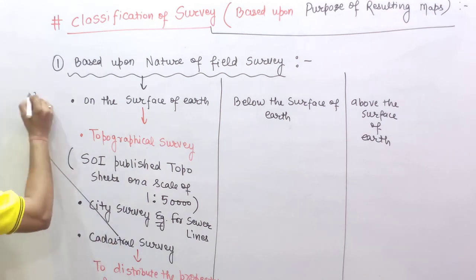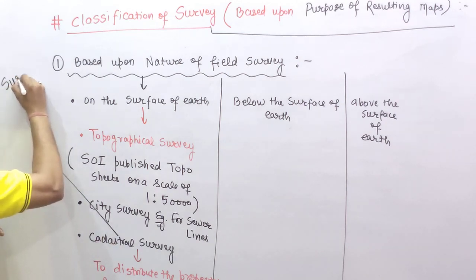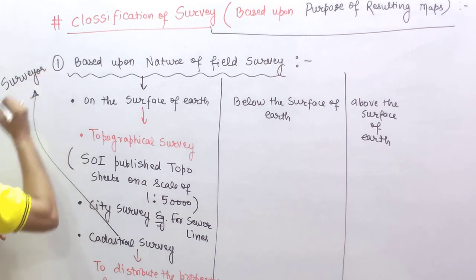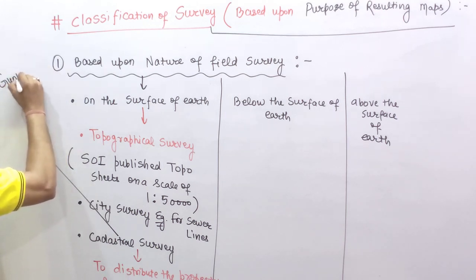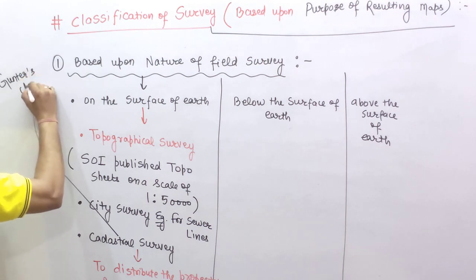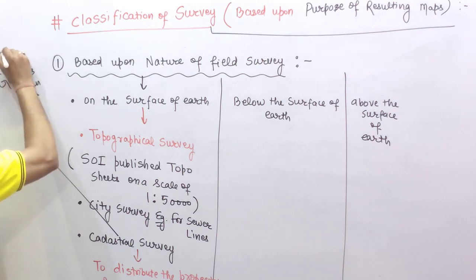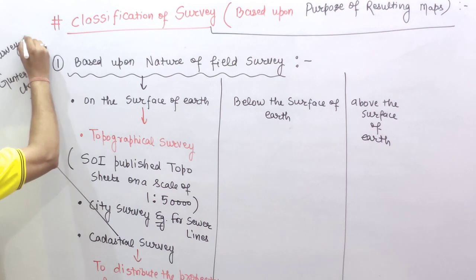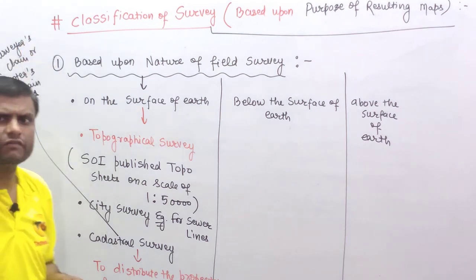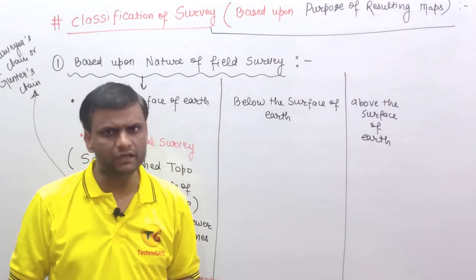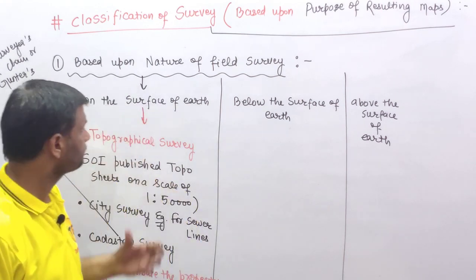Cadastral survey is performed using a chain. That chain is called Gunter's chain, or you can say surveyor's chain.